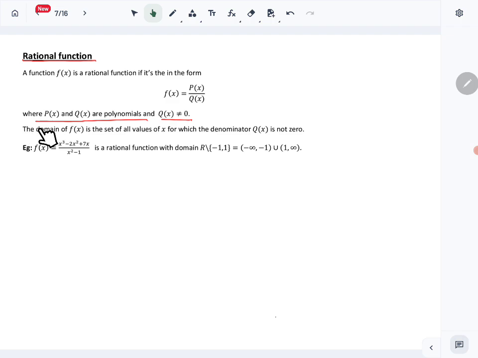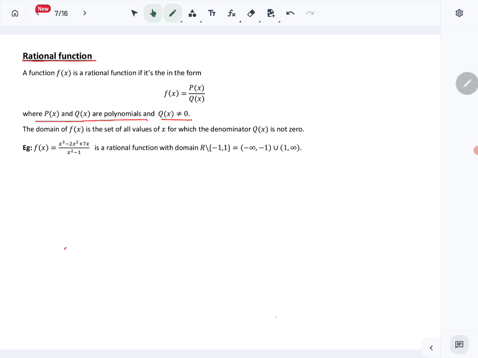So then how to find the domain of a rational function? Domain of f(x) is the set of all values of x for which what? Denominator is not equal to 0. Denominator q(x) is not equal to 0, right? So let's do an example.